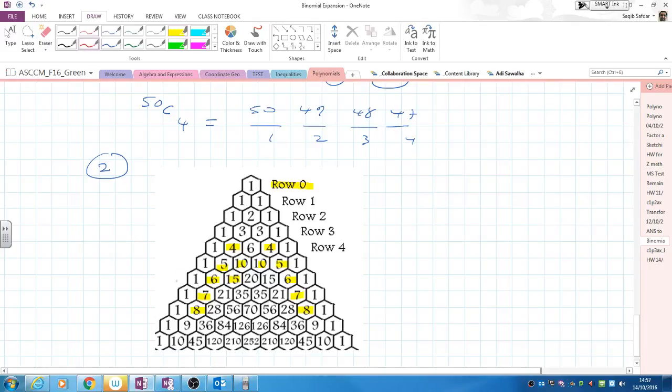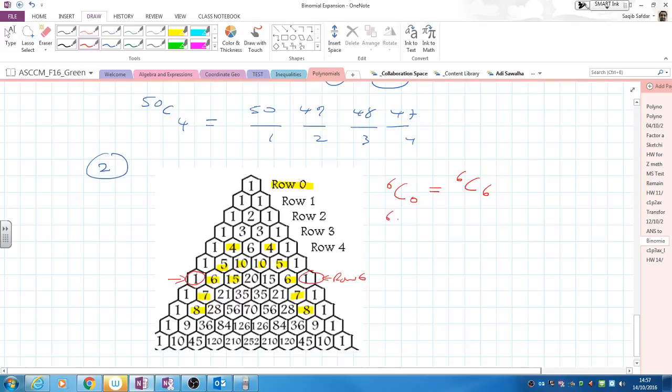Let's just pick this row here. This is row 4, 5, 6. So this is row 6. And what this means is 6C0 is the same as 6C6. In other words, 1 is going to be the same as this one here.